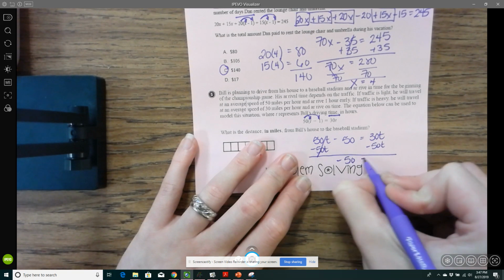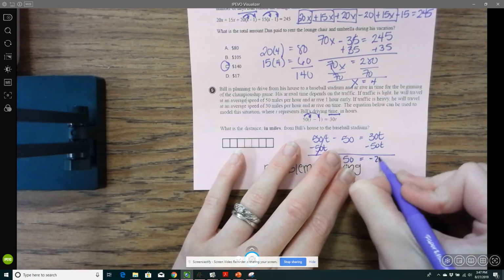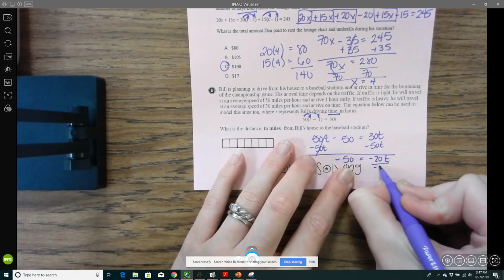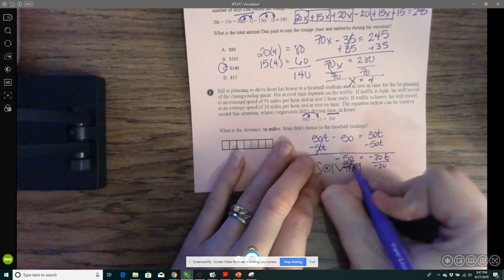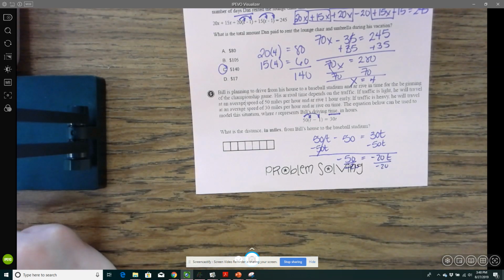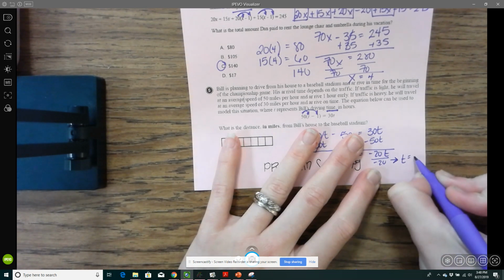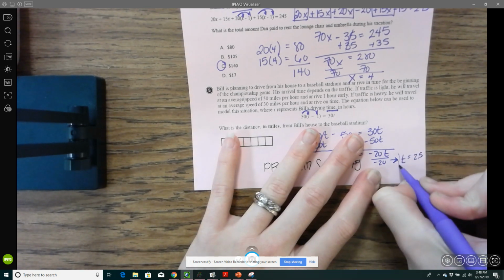So I've got negative 50 equals negative 20t. So then I divide both sides by the negative 20. Sorry, guys, that was my light going out. So negative 50 divided by negative 20. So t is going to equal 2.5. That's how many hours.